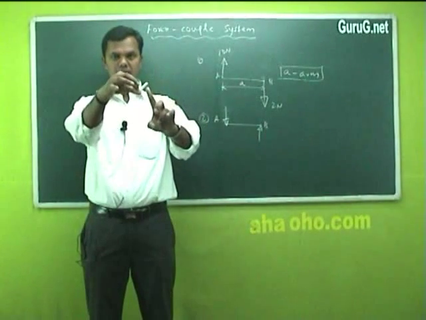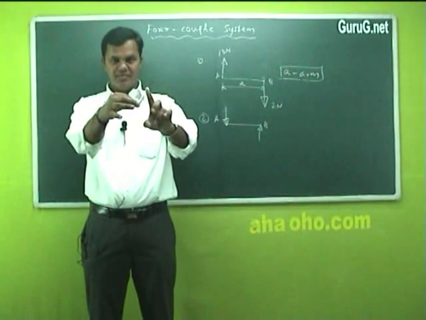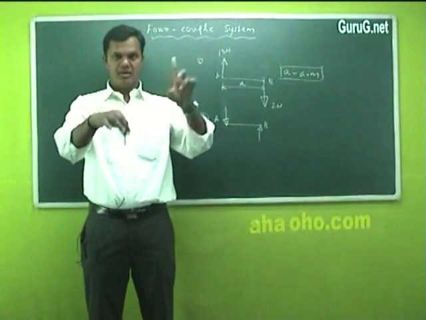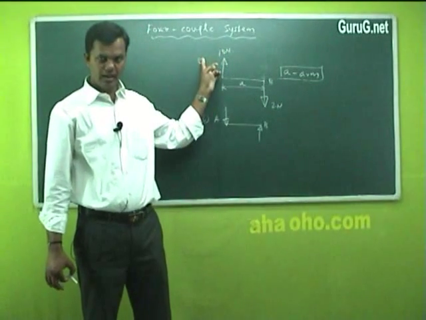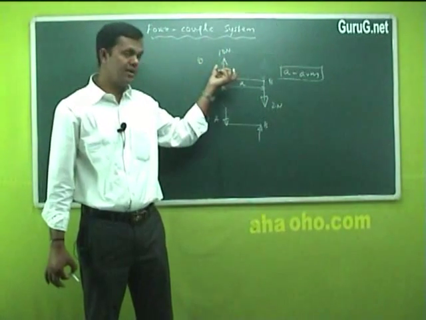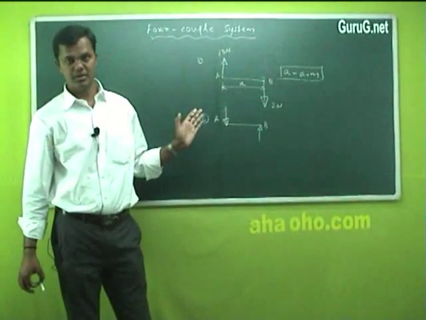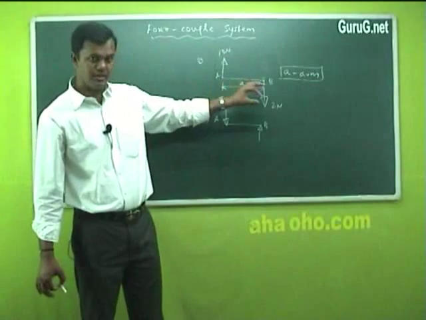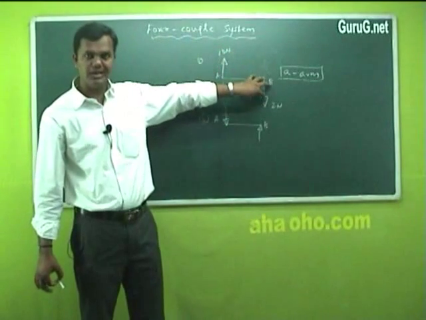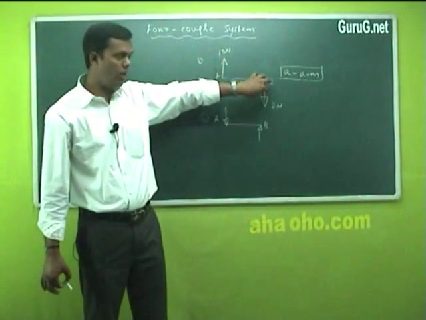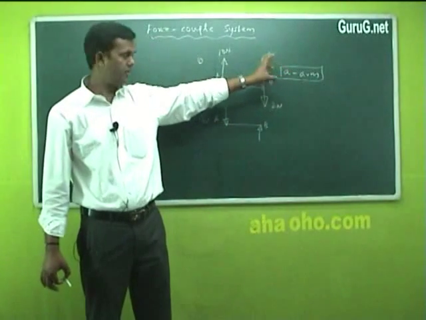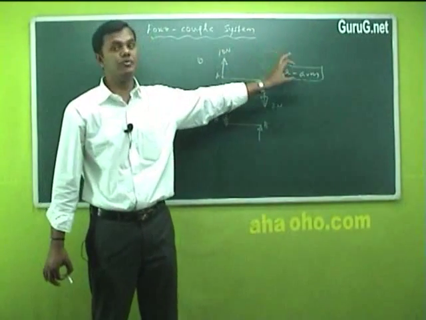It will twist. When a twisting force is given, it is possible with a couple. And a couple is defined by considering only two forces, not more than two and not less than two. Right? So the force couple system is learnt to see how a body is twisted, or acted upon by a twisting force.